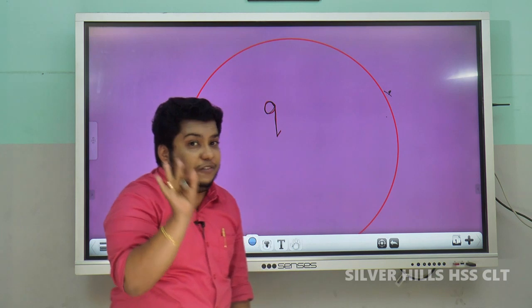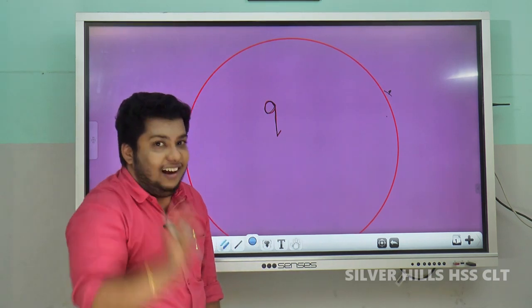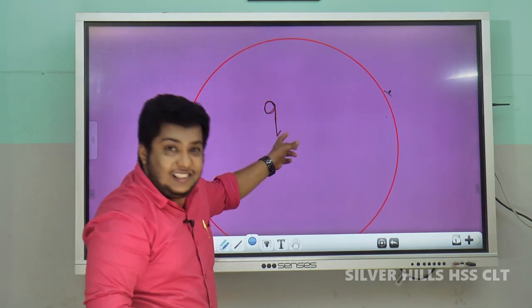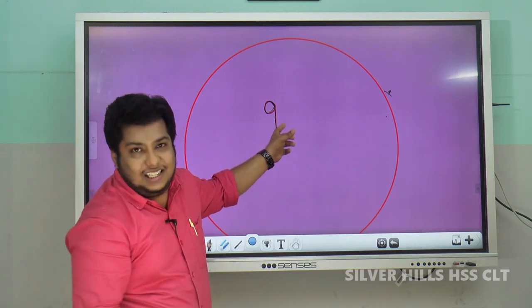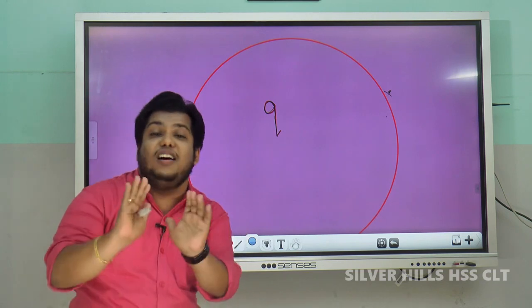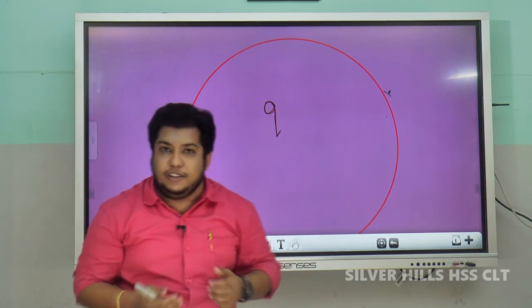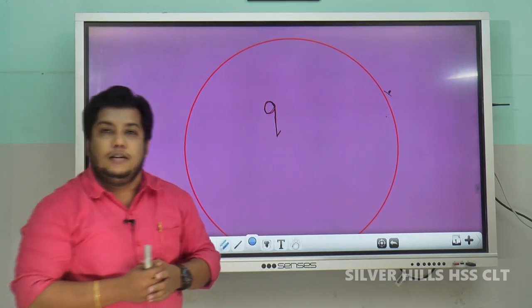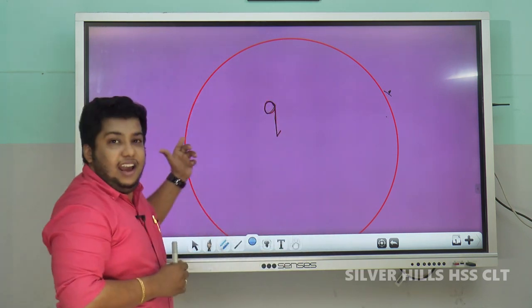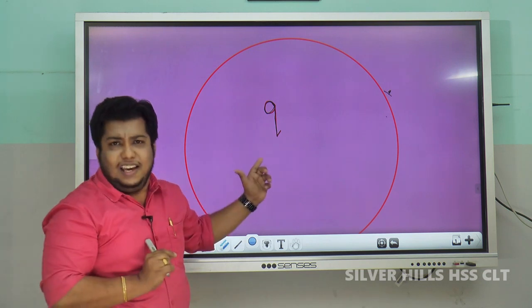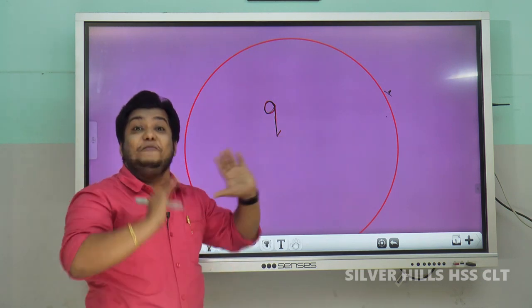So electric field is an area around a charge in which its influence is felt. Influence means attraction or repulsion. So how can we define electric field? Electric field is an area around a charge in which its influence is felt.